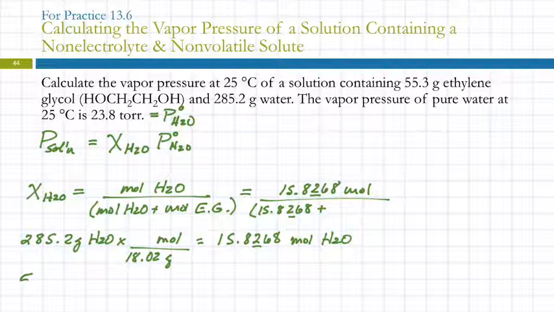So 55.3 grams. We're given the formula there. That formula is suggesting how it's connected. We could condense that and say, well, that's C2, and there's 6 hydrogens and 2 oxygens. That'll make it easier to calculate a molar mass.